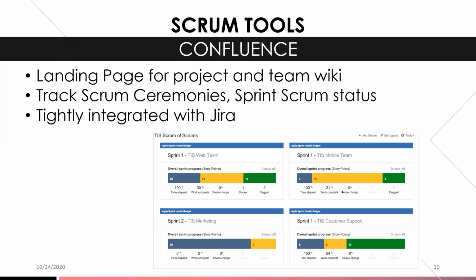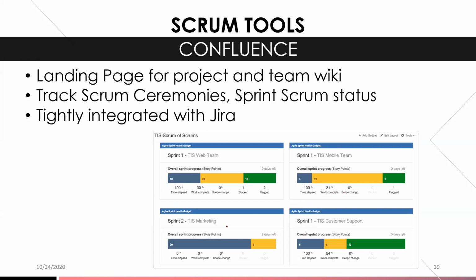Or if they had scope changes, you could see it. Going toward the bottom, this one shows there are 9 days left in the sprint, but they only had 0 work complete. So it provides transparency and visibility into the status of the sprint.